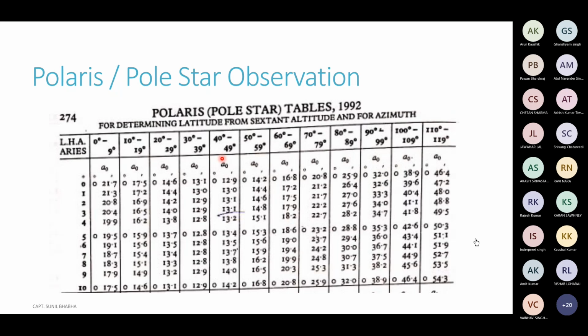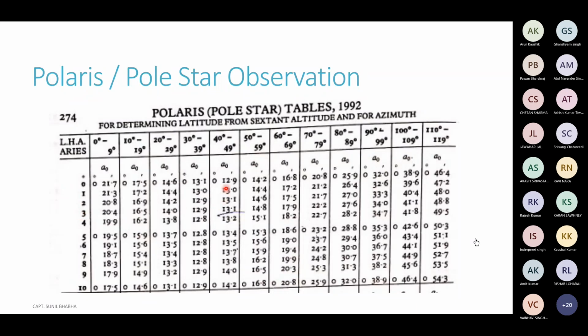When you enter into any of the columns, let's say for example we take this column of 40 to 49 degrees, once you enter into the column, you will see on the left hand side the degrees are mentioned. So 0 stands for 40, then 1 stands for 41, 2 for 42, 3 for 43, that way.